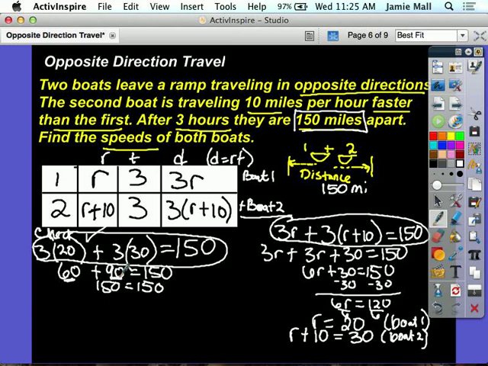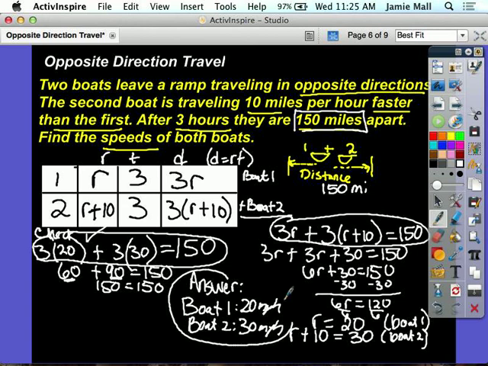And so when we answer the question, which isn't asking how far they traveled, but what was their speed, we can say that boat 1 had a speed of 20 miles per hour, and boat 2 had a speed of 30 miles per hour.